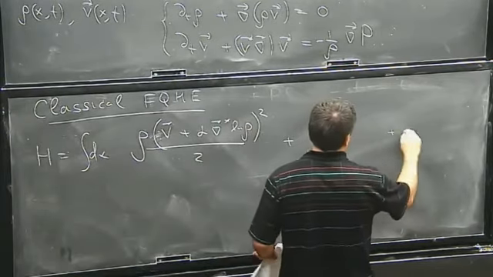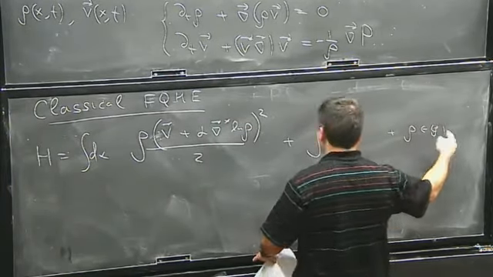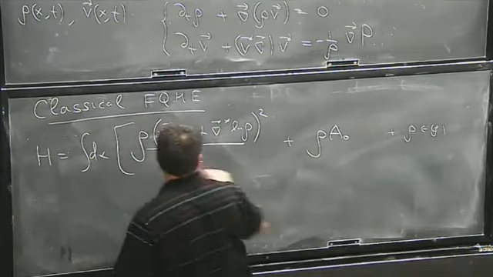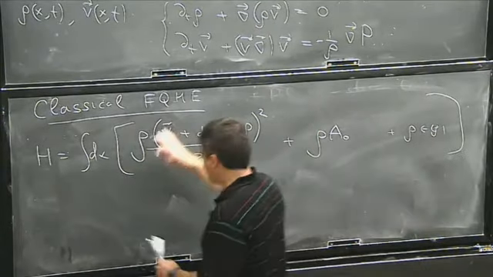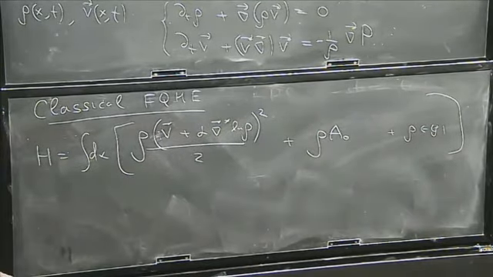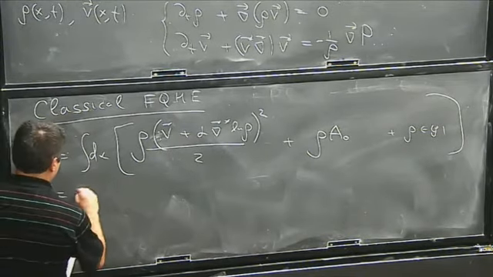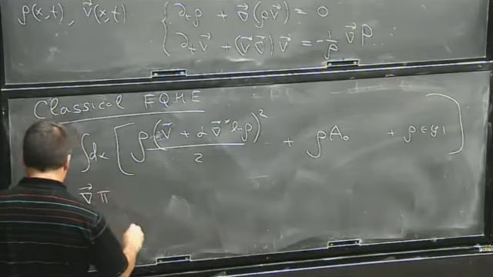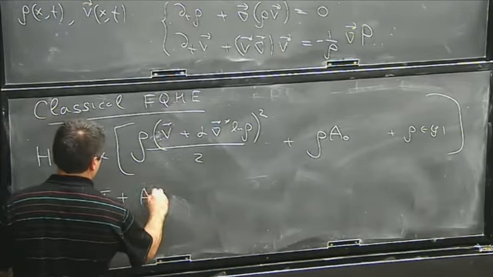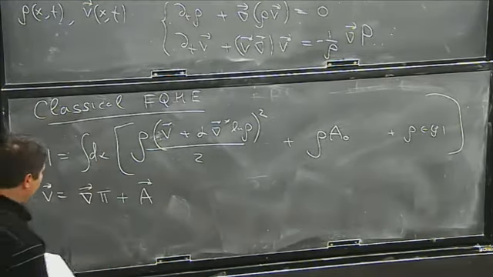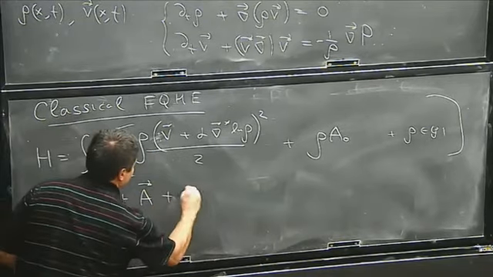And in principle, one can write also corrections to the equation of state. But I will pay attention mostly to this term. And let me assume that velocity is, it's actually a shorthand way to write down the following relation.